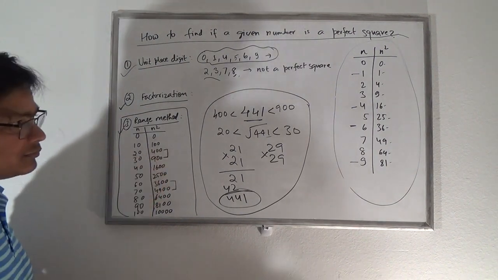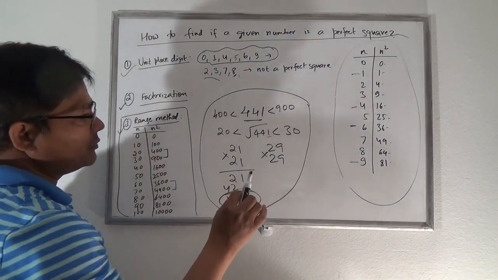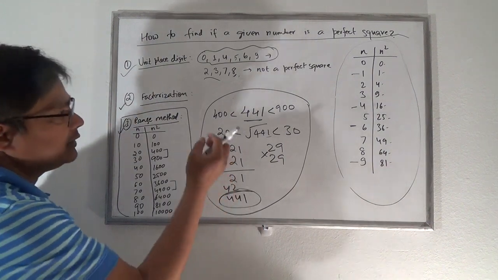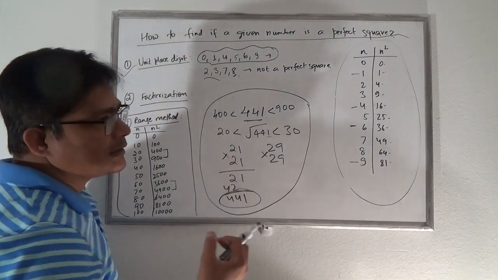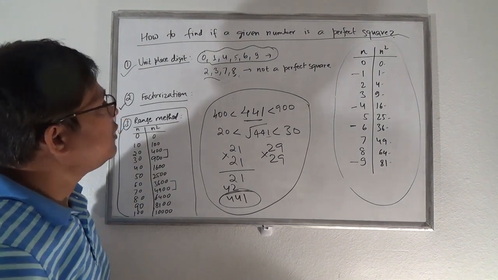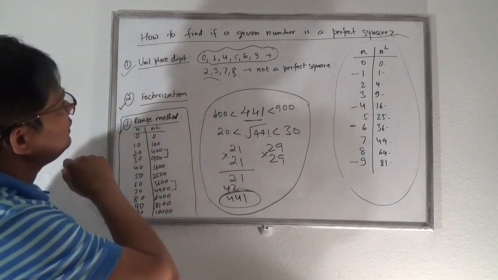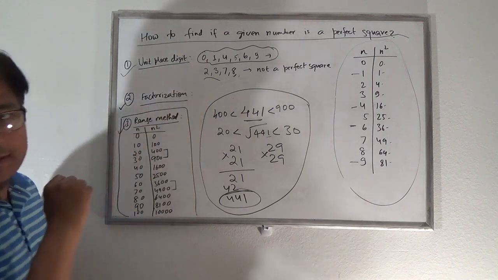So let's recap. If you are given a number and you are supposed to quickly find whether it's a perfect square or not, the first thing you have to look at is the digit at the unit place of that number.